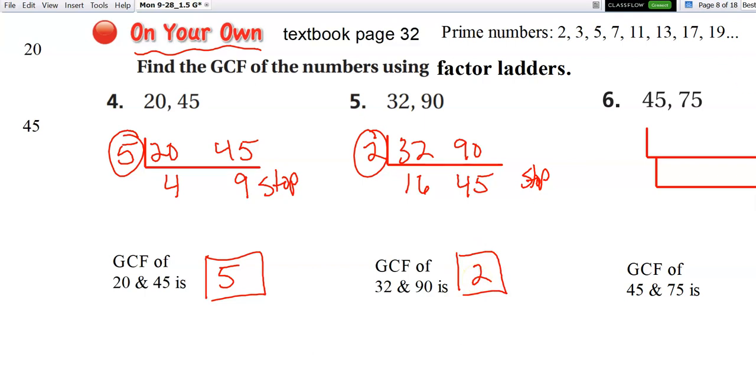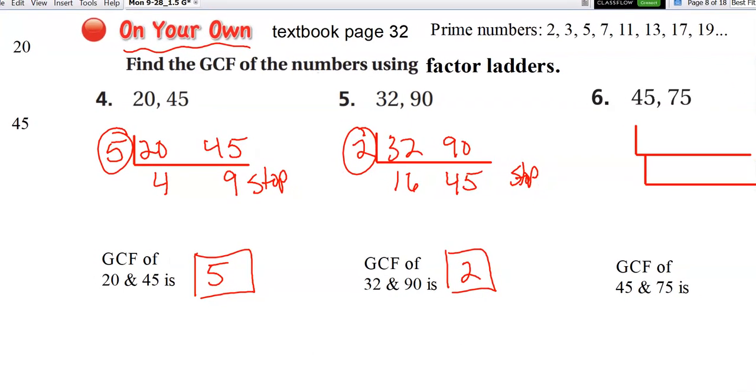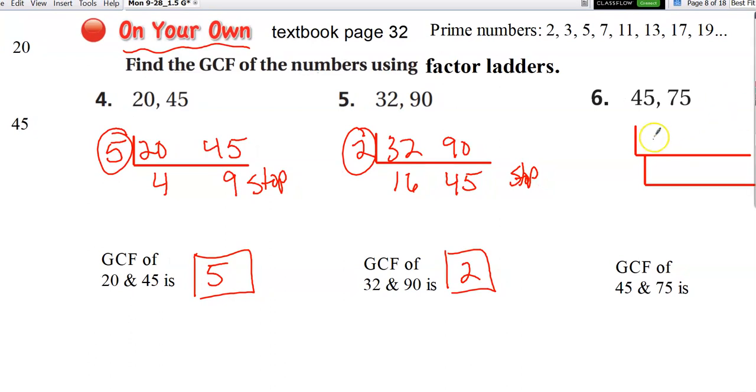And now for the last example, let me pull this over a little bit. Okay. I write 45 and 75 in the ladder. There's my 45. There's my 75. I look for common factors to divide out. It looks like they're divisible by 3 and 5.